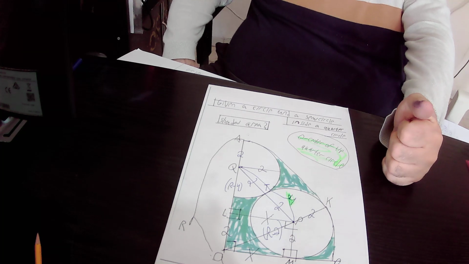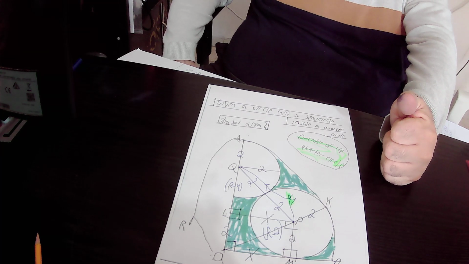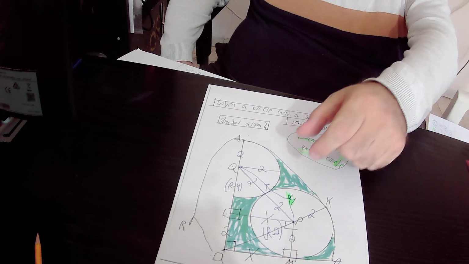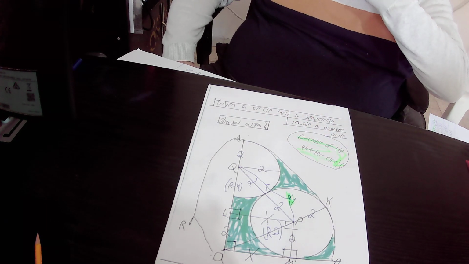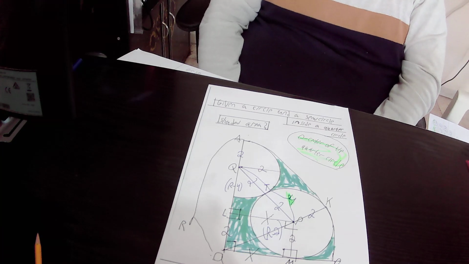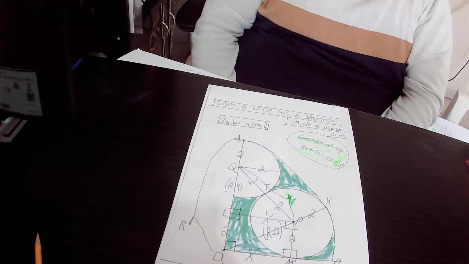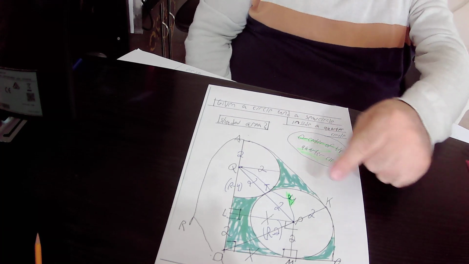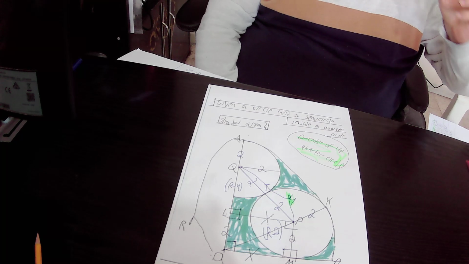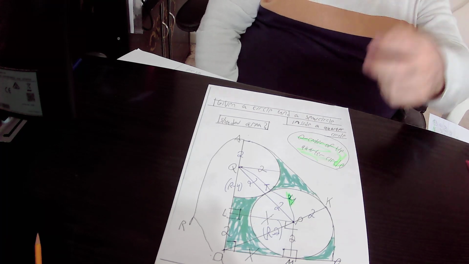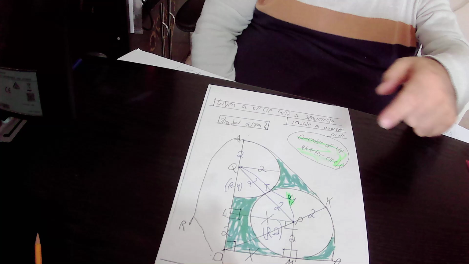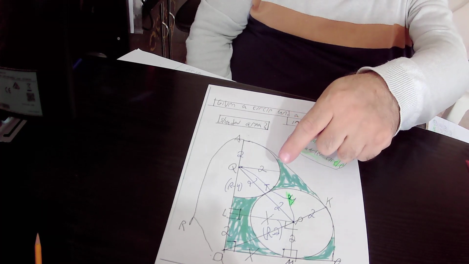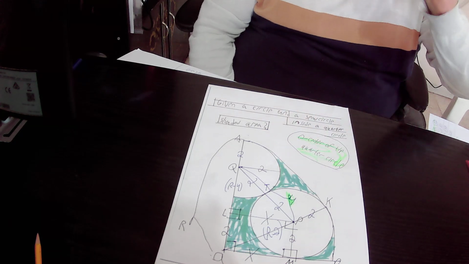That is to say, they are touching each other externally at point T. Whenever you have two circular shapes that touch externally, then the straight line that joins their centers together must pass through their touching point. In this case, it is point T.